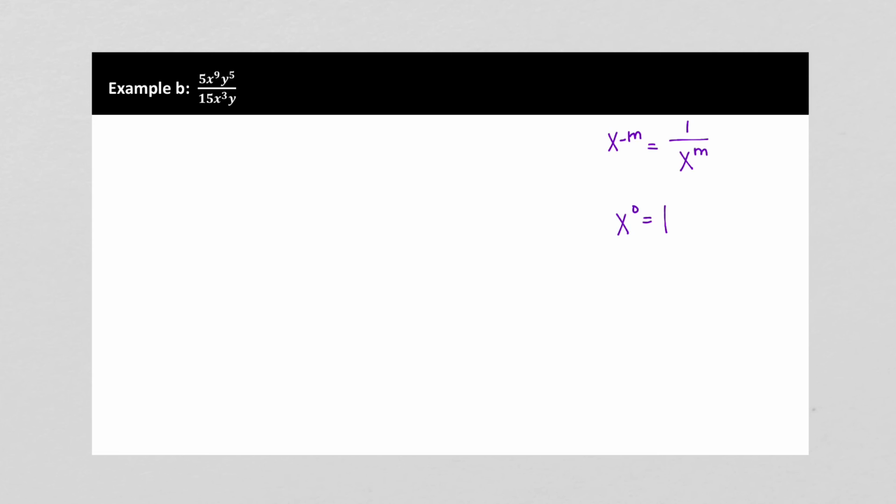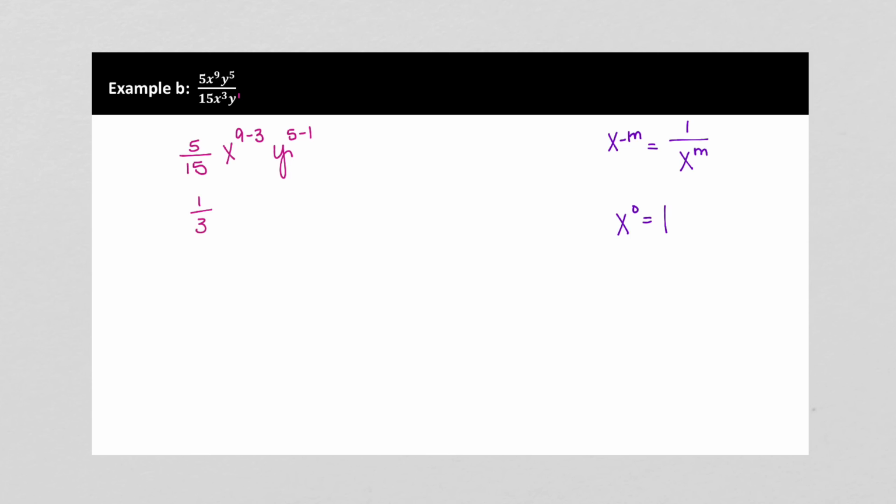For example B, we're going to divide. We'll divide 5 by 15, and we'll just simplify that in a minute. x to the 9th divided by x to the 3rd, that'll be x to the 9 minus 3. And y to the 5th divided by y will be y to the 5 minus 1. 5 divided by 15, simplify.